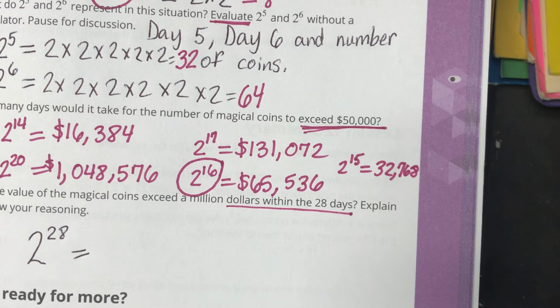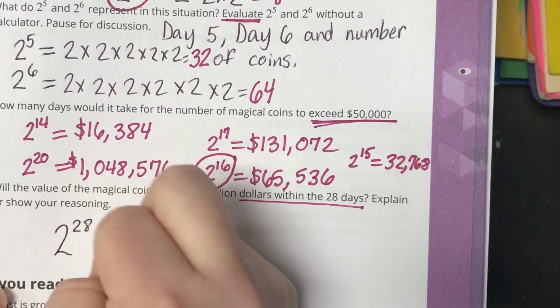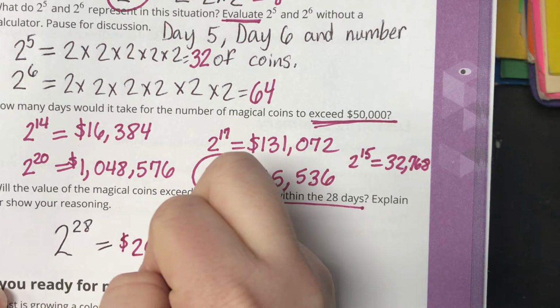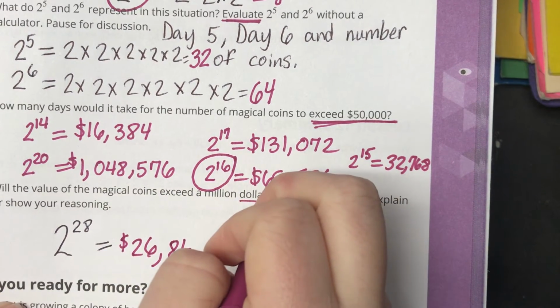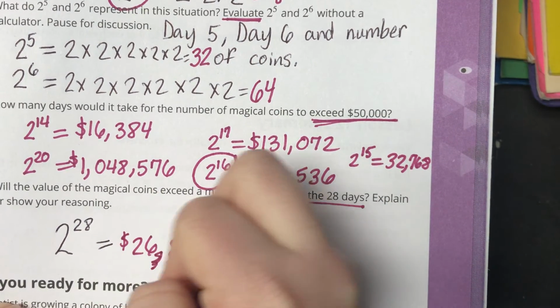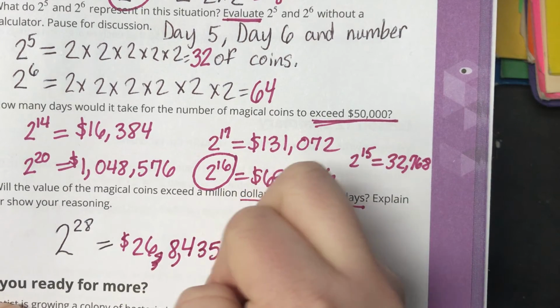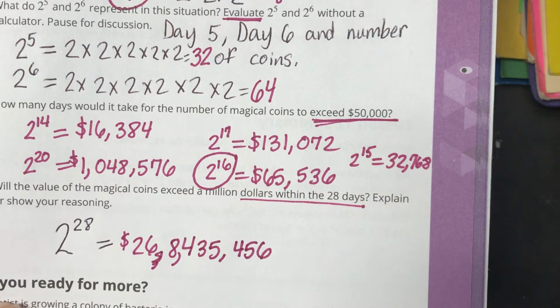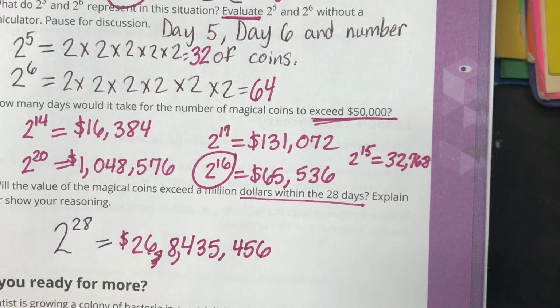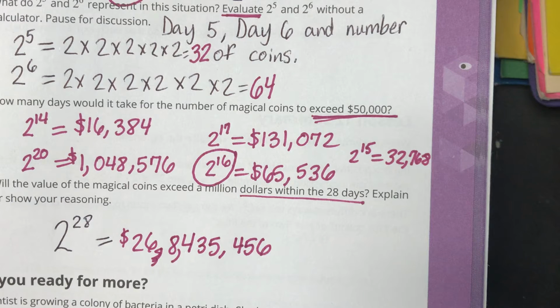We actually end up getting 268,435,456. So we very much so exceed a million within that 28 days.